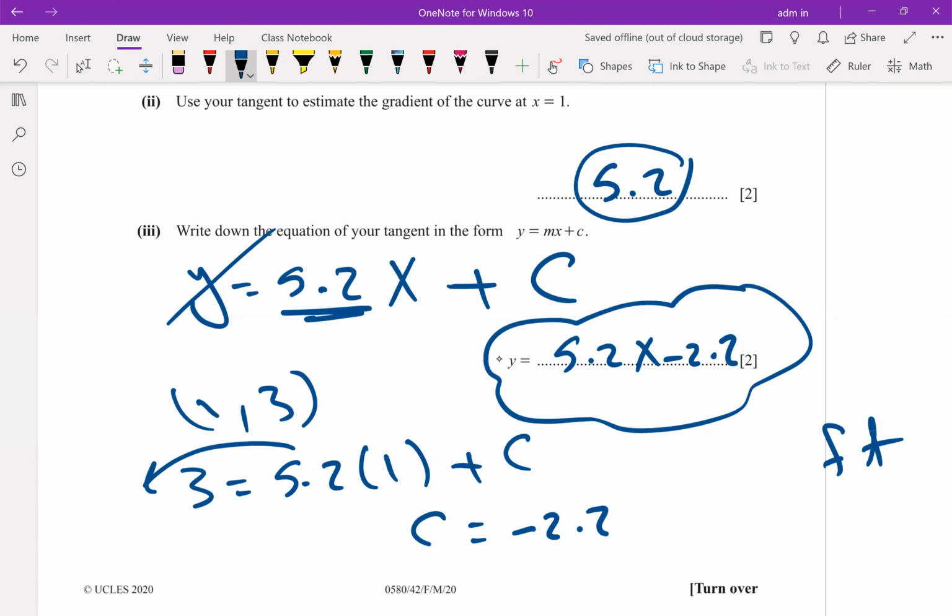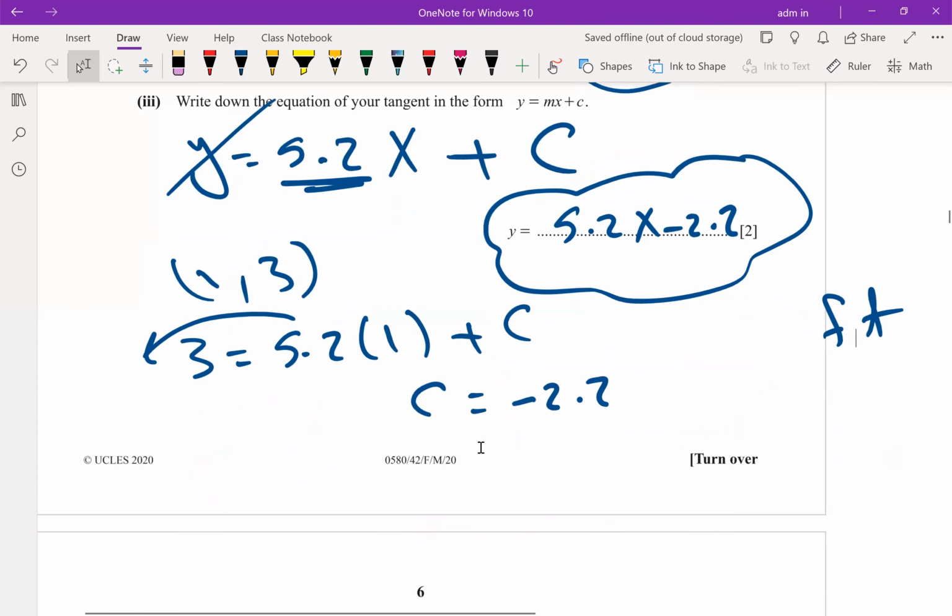There is follow through or carry forward for it. In the marking scheme, on the right side, it is written FT. FT means follow through, whether correct or not, if you write your answer directly from part 2. So the range issue is done. Clear?